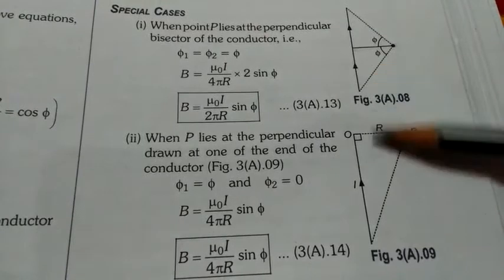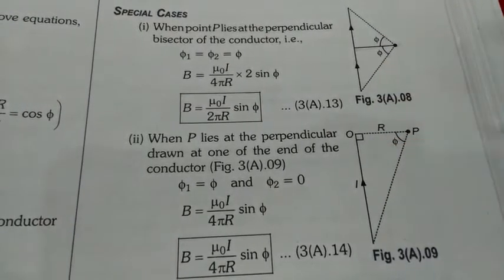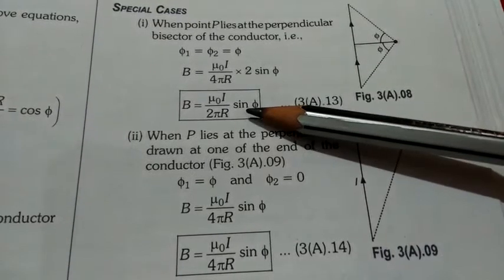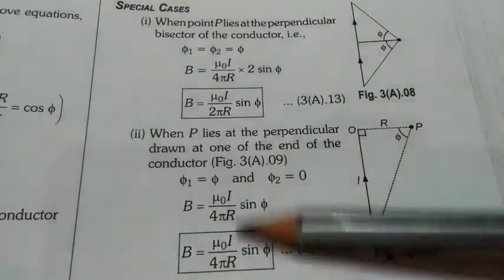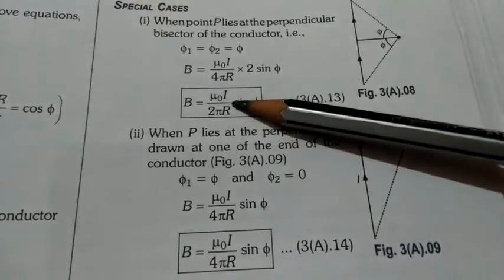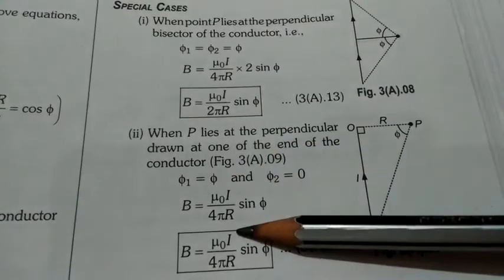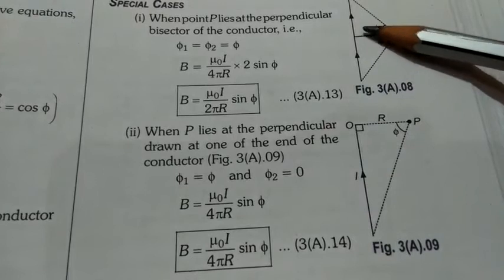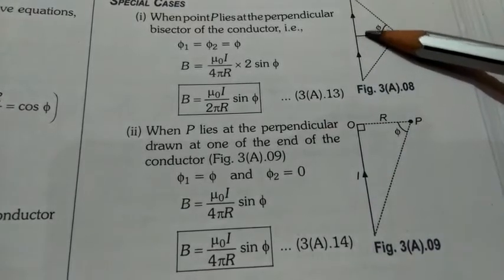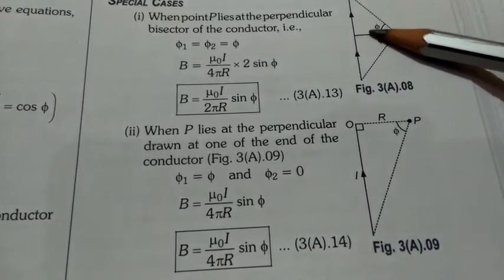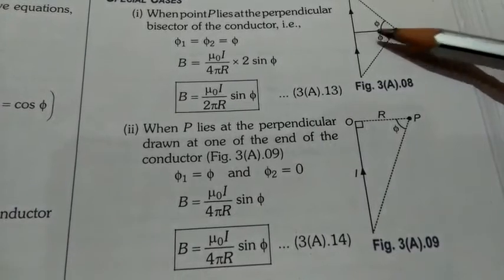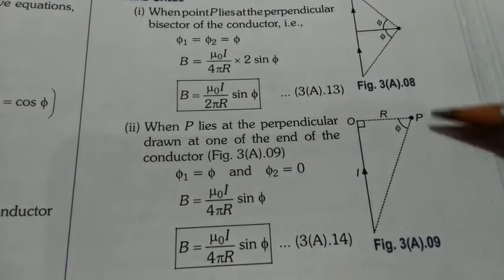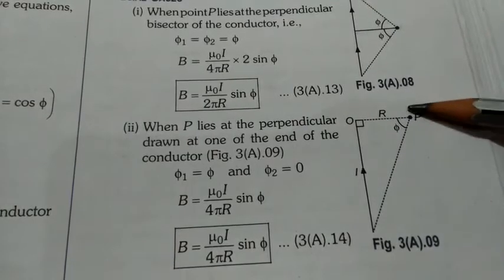If we compare both of these cases, we can easily see that in those two equations, this is greater than this one. So if the point P is near the midpoint or the bisector of the wire, we will have more magnetic field in comparison to when the point is at the extreme ends.